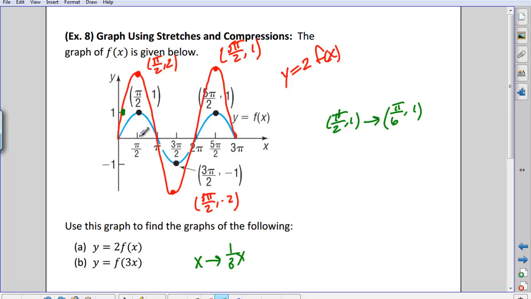Then we've got this point at pi, 0, which becomes pi over 3, 0. So it's actually like right here. And then we have a point at 3 pi halves, negative 1.